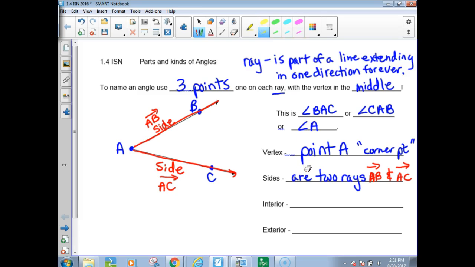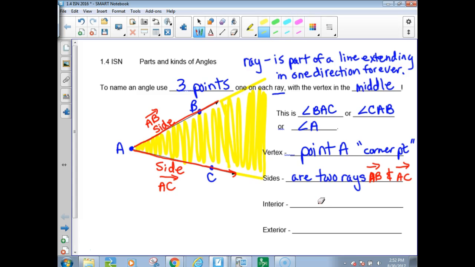Okay, now we're going to talk about, and I'm going to use highlighters, you would like to have 2 colors if you're highlighting. I'm going to talk about where's the interior. What do you think the interior might be of the angle? Here or here? So interior is on the inside, exterior is on the outside. So what we want to think of is this is the interior of this angle, which technically keeps on going.